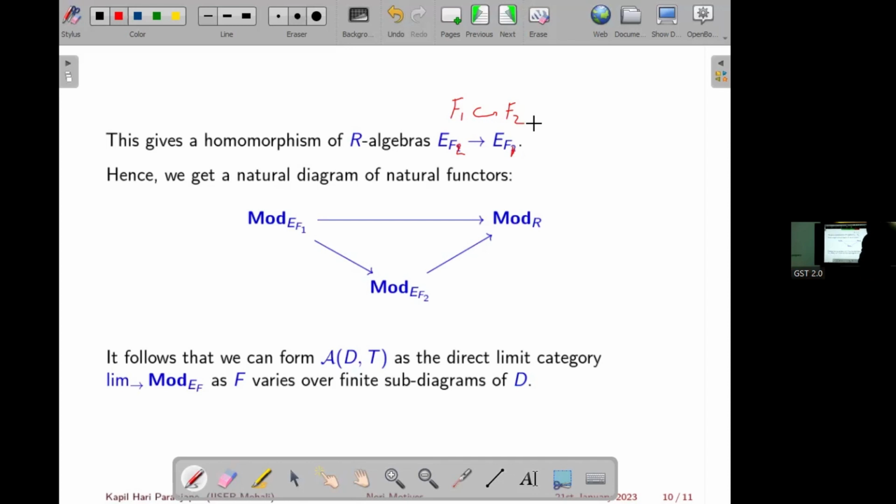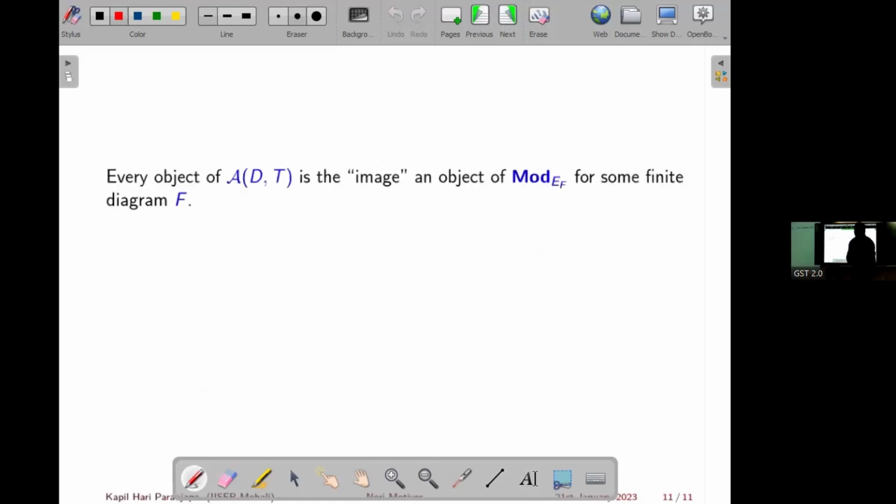So what does it mean to take the direct limit? Every object in the direct limit is, by definition, an object in one of the finite stages. Direct limit means you take all the objects at each stage, and so an object in the direct limit is an object at some finite stage. What is a morphism is much more tricky.